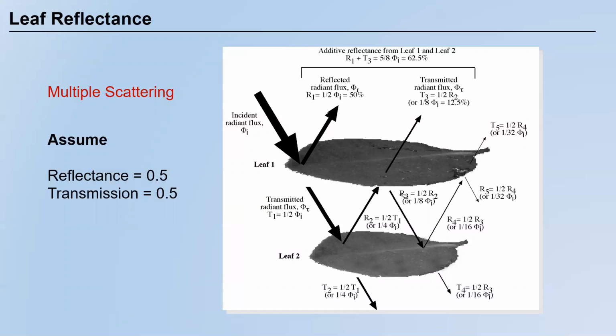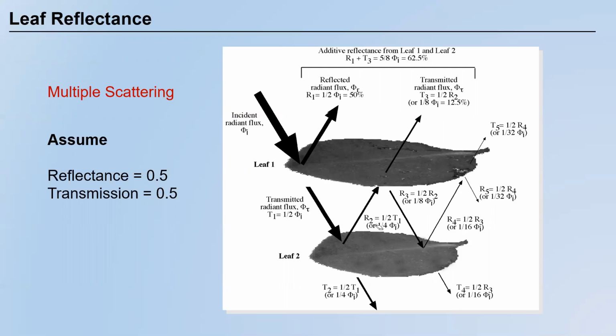So you can say these arrows, there is reflectance, there is transmission, and this is just complex enough, right? So R1 is half of the original energy. That's the reflectance for the original energy, right? T1 is the transmittance of the original energy, which is half of that.